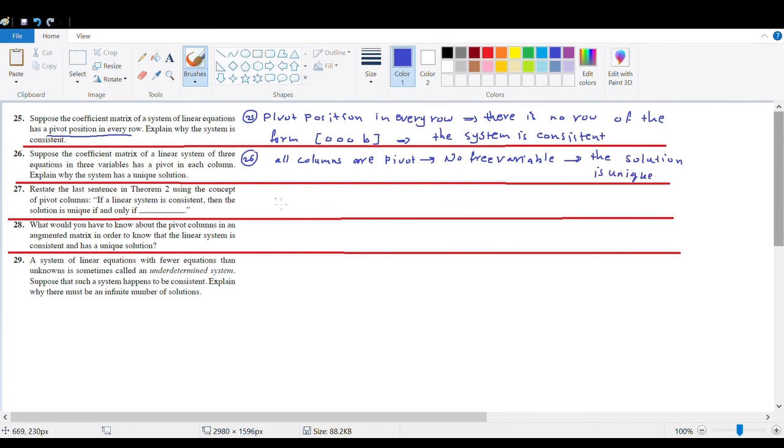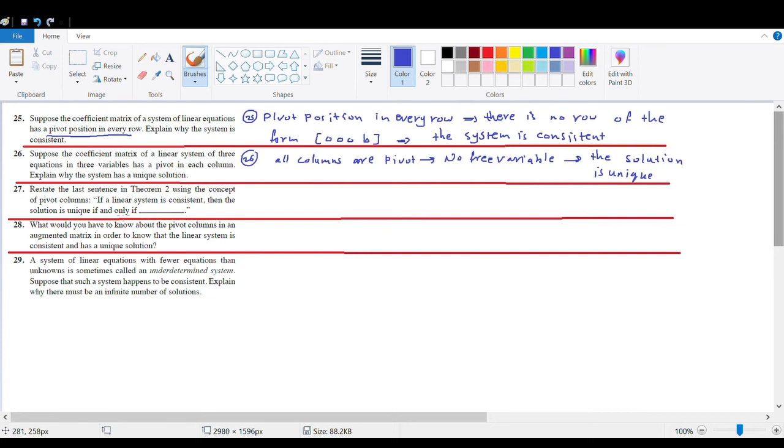Now for 27, restate the last sentence in theorem 2 using the concept of pivot columns. If a linear system is consistent, then the solution is unique if and only if... So if our linear system is consistent, then the solution is unique if and only if, depending on 26, every column in the coefficient matrix is a pivot column; otherwise there are infinitely many solutions.